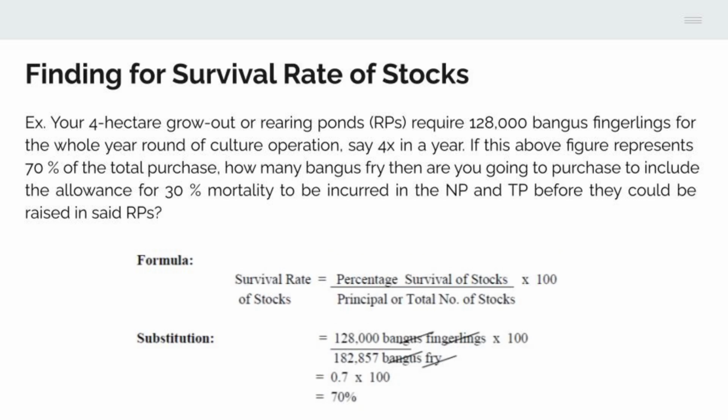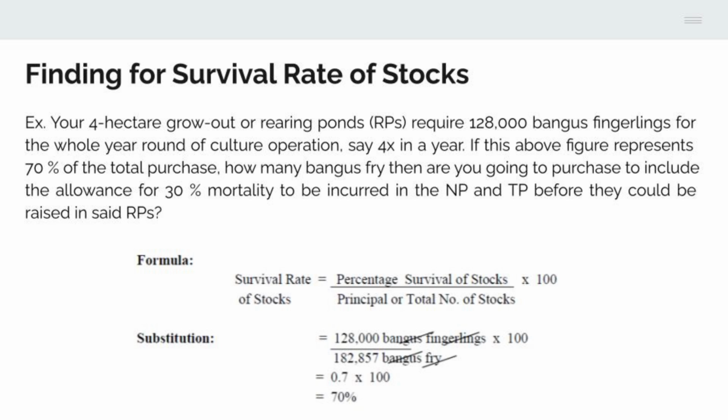Next, let's calculate the survival rate of stocks. This tells us what percentage of the original number of fry survived after being raised in nursery and transition ponds. For the example question, if only 128,000 bangus fingerlings survive out of the 182,857 fry purchased, what is the survival rate? For the formula, we will be using survival rate of stocks equals percentage survival of stocks times 100 over the principal or total number of stocks.